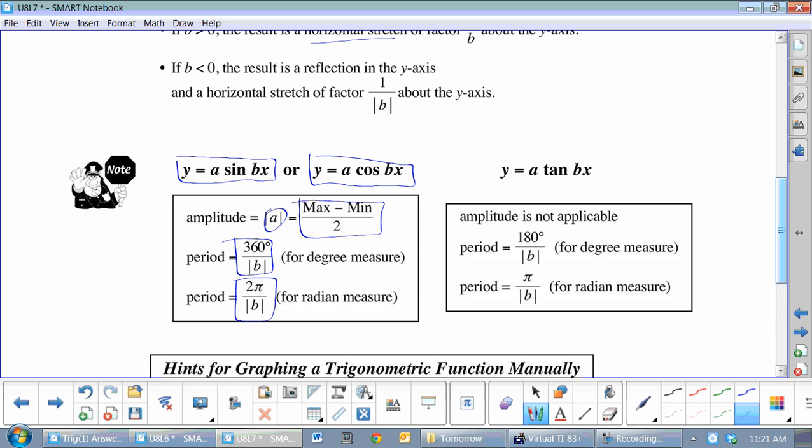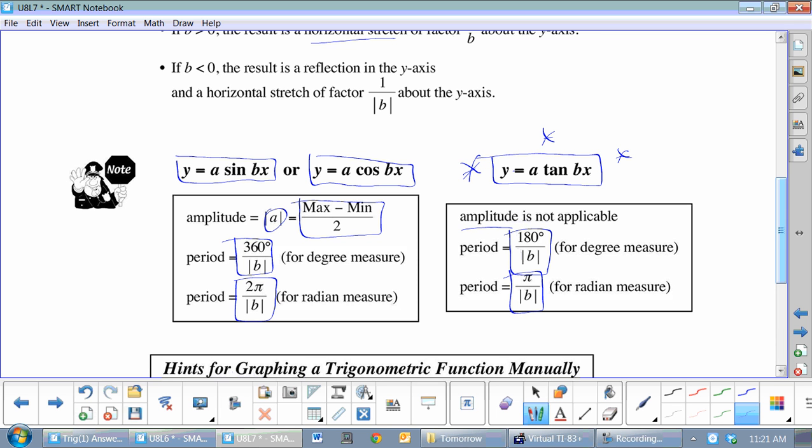And remember, some people were still doing this in the quiz. If the question's in radians, the answer must be in radians. If it asks for exact answer, must be in radians. Okay, I don't want decimals. Now, this is very important. Get this on a study sheet, that if it's a tan graph, you do 180 divided by b for the period, and pi divided by b in radians.